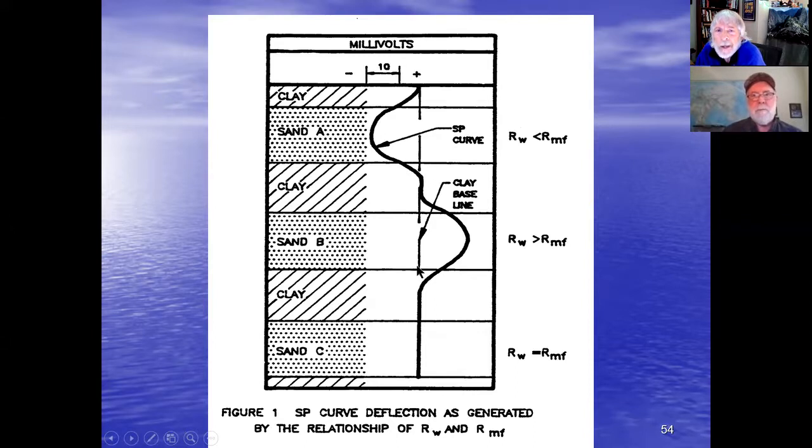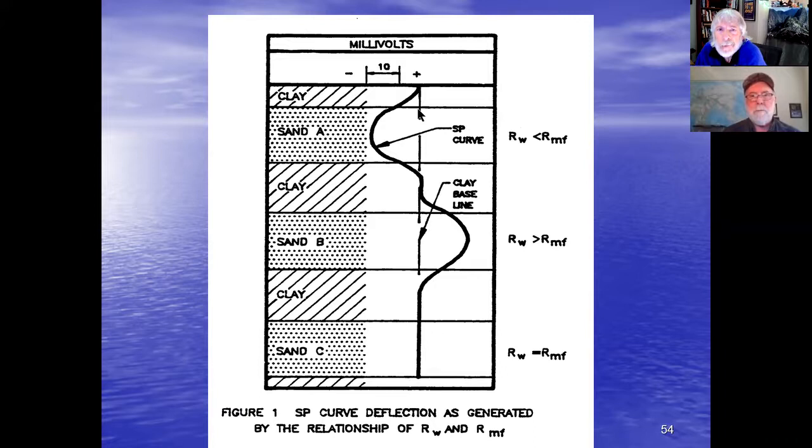Anything breaking to the left in gamma ray indicates something cleaner, not so much fines and clay, more sandy. If it breaks to the right, as we showed in the earlier example, it's an indication of uranium.